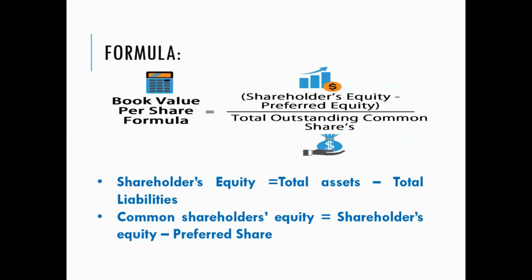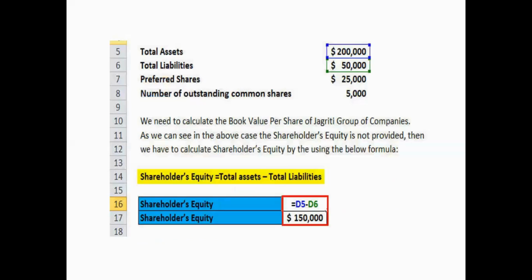Book value per share equals common shareholders equity, which is total assets minus liabilities. Common shareholders equity equals shareholders equity minus preferred share.